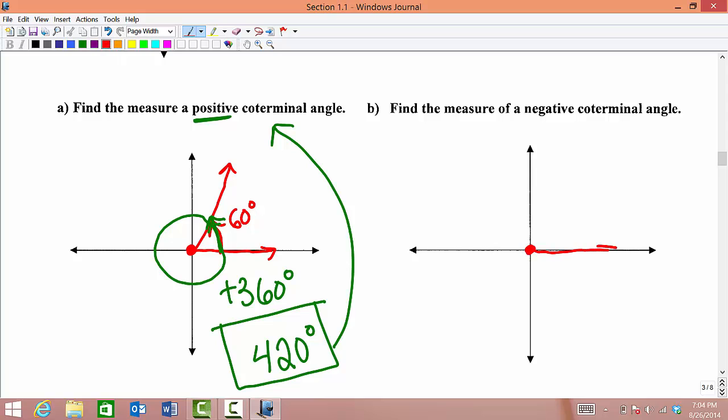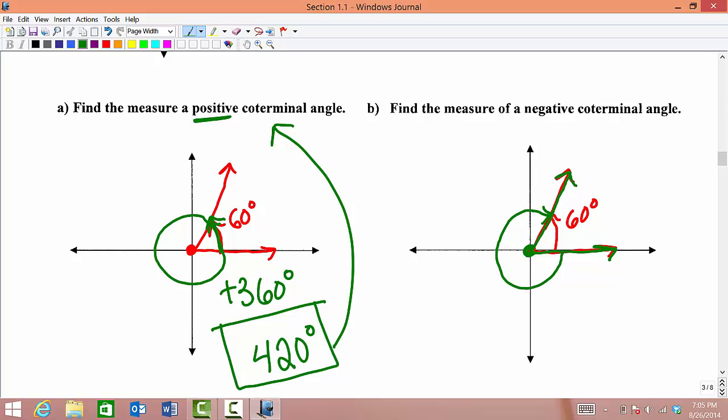Alright, now we're asked to find a coterminal angle that is negative. So coterminal to 60 but is negative. If we're going to form a negative angle, put our initial side there, we need to go in the negative direction. So we're going to go all the way around in the negative direction until we land at the same terminal side as 60 degrees.